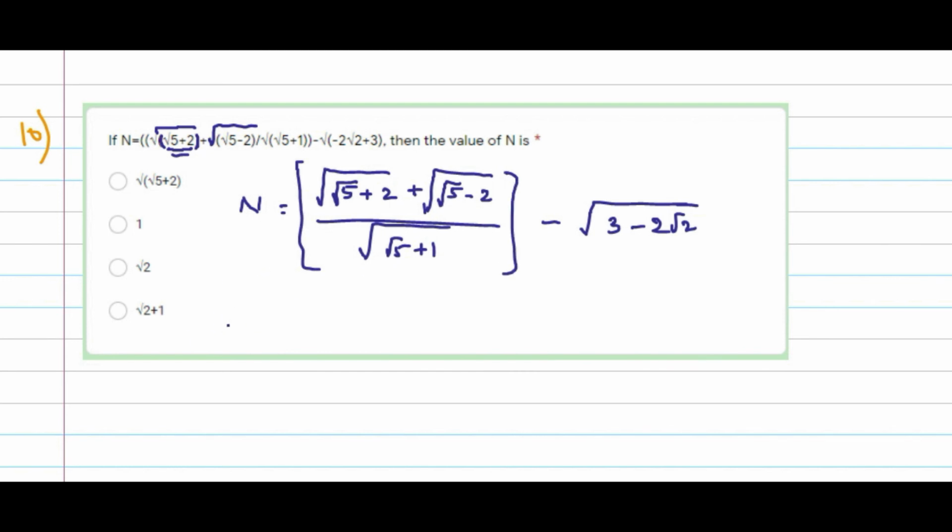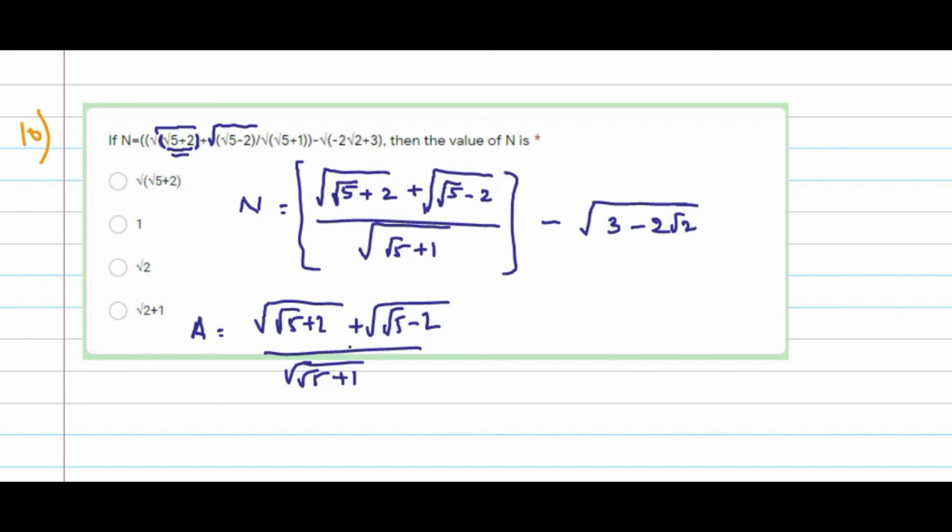Solving this part, if we take it as a, so square root of root 5 plus 2 plus square root of root 5 minus 2, divided by square root of root 5 plus 1.